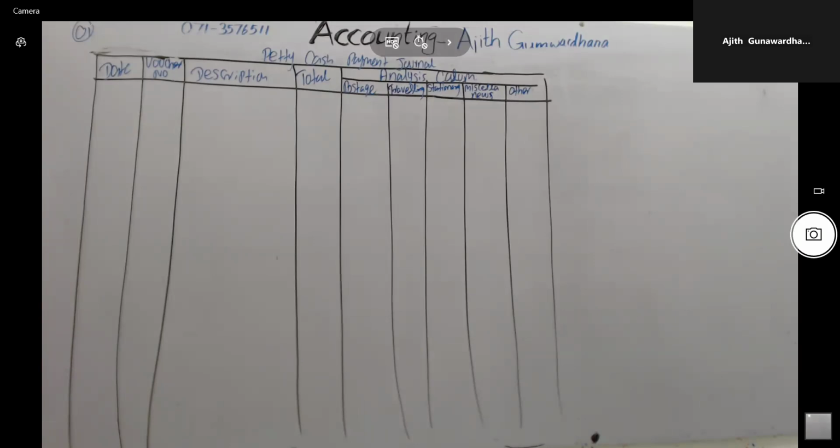Think analysis column also. That first one, draw the format clearly.